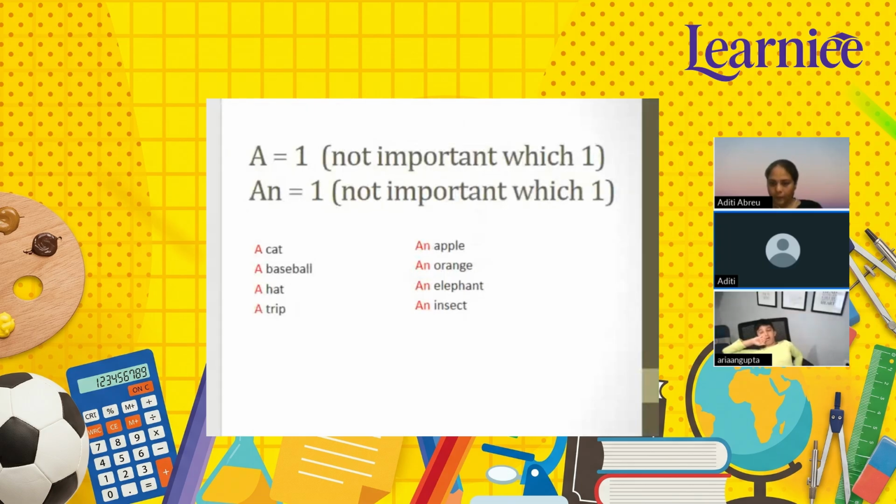Here, all the letters preceded by a are consonants. C is a consonant, B is a consonant, H and T are all consonants, and they also have consonant sounds in these words. Similarly, all the words which are preceded by an have a vowel as the first letter, like A, O, E, and I.